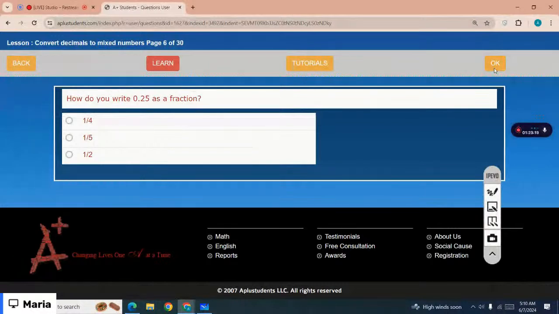How do you write 0.25 as a fraction? So which is the correct option? One by 4 it is, right?